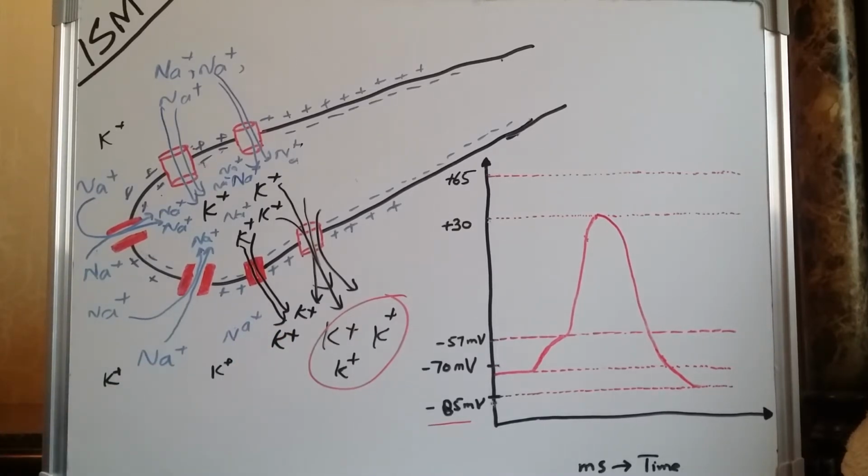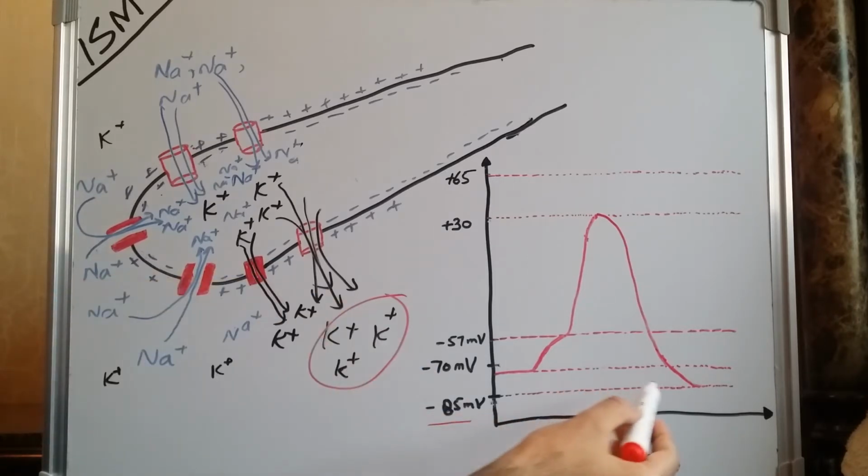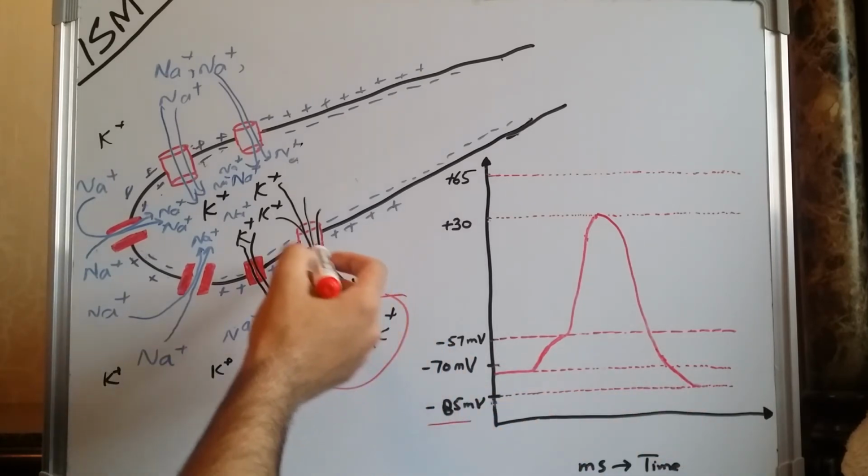This minus 85 millivolts is the equilibrium potential of potassium, and this equilibrium position is provided by the leaky channels. After it reaches minus 85, there are pumps present on the membrane. They shift this hyperpolarized membrane back to the resting membrane potential.